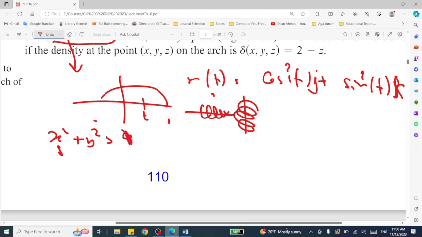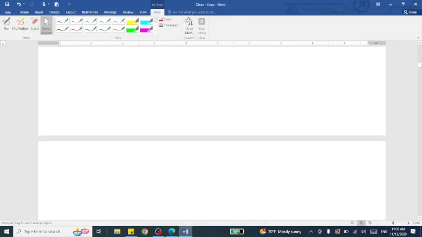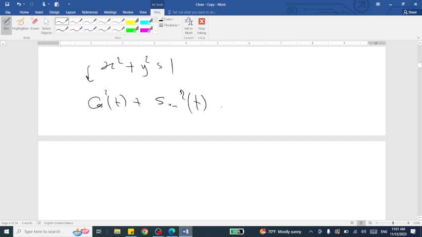to parameter. If you have x squared plus y squared equal to 1, you can change it to cosine square t, sine square t, equal to 1, with t from 0 to 2 pi.